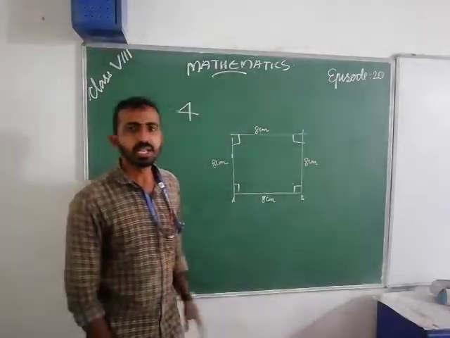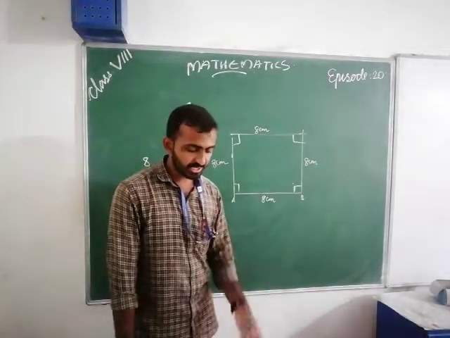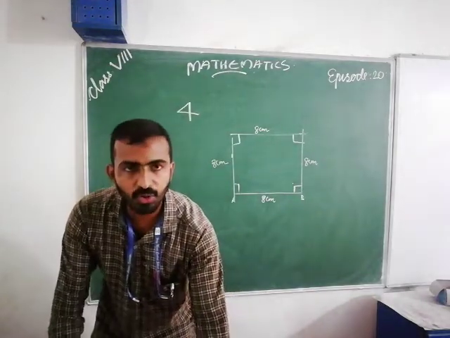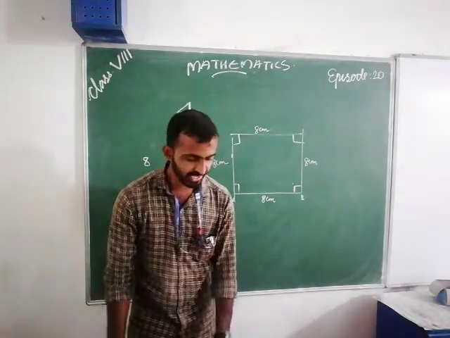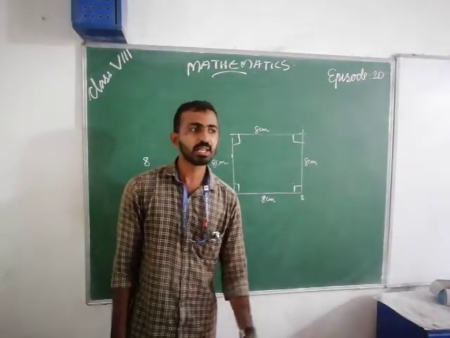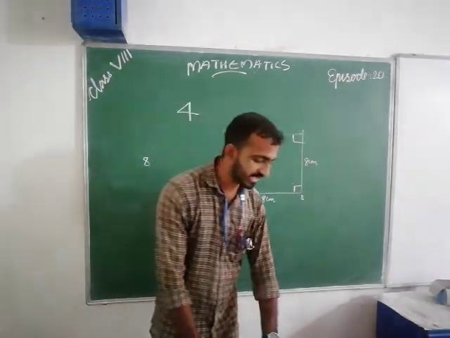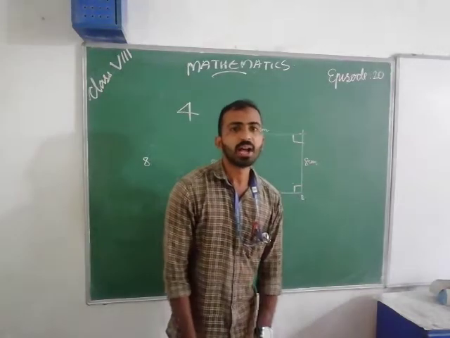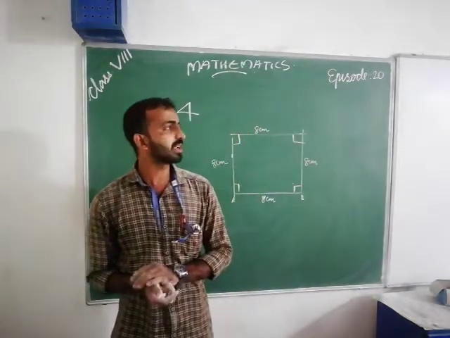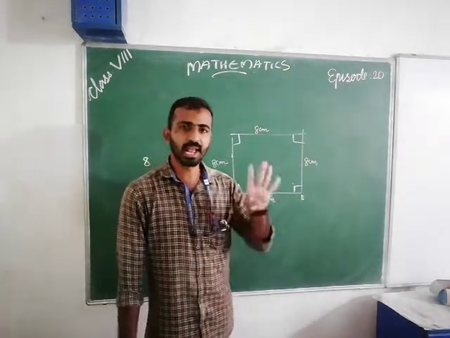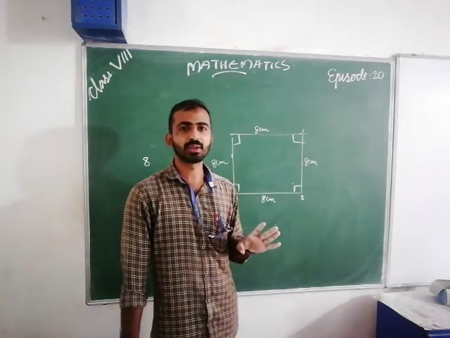In previous classes we also studied the construction of parallelograms, is it? Yes. And squares. Next we are going to discuss, already we studied, when we have 4 sides length, then we can draw a quadrilateral.